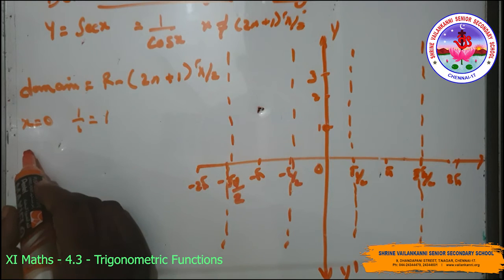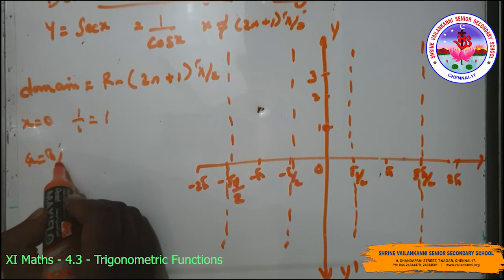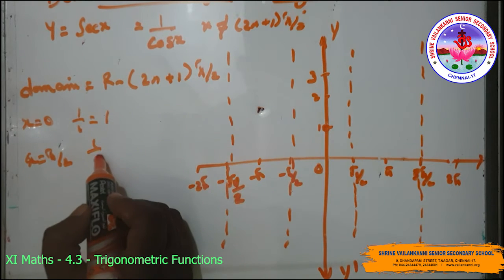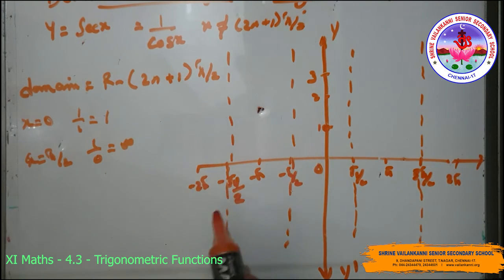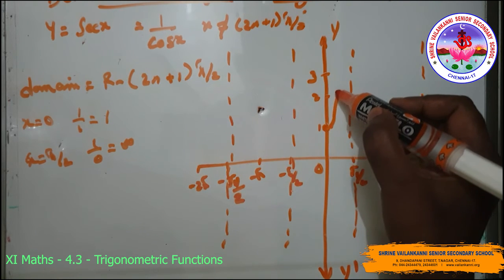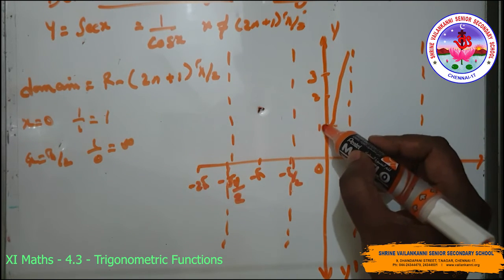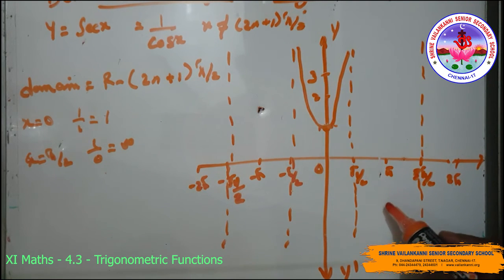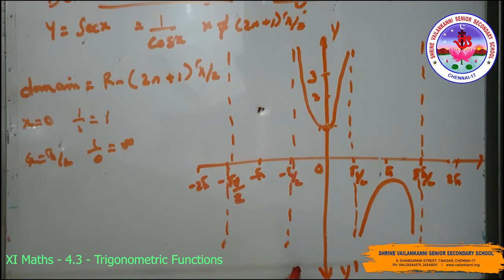And again when x is pi by 2, cos pi by 2 is 0, that is 1 by 0, which is infinity. So we can draw like this till infinity. Here it is minus infinity, and again here. So this is the graph of secant x.